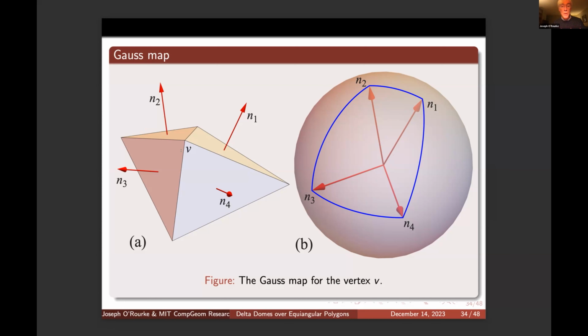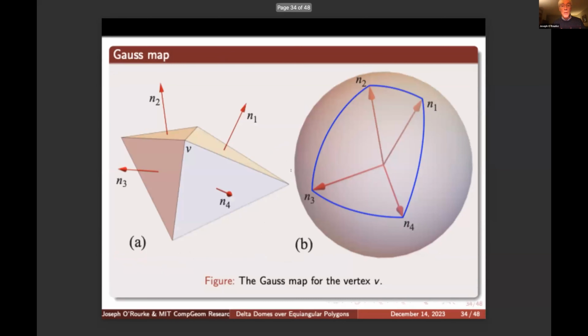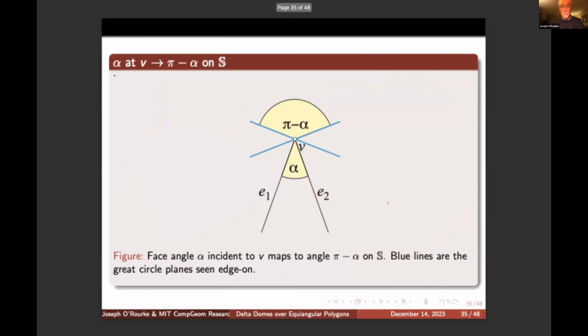And then there's one more constraint which is not easy to see. In this picture, you imagine a certain angle alpha at one of the incident vertices. So let's take this V here and think of this angle as alpha. Well, what that maps to at N4, which is between N3 and N1, is the angle here at N4 is pi minus alpha.